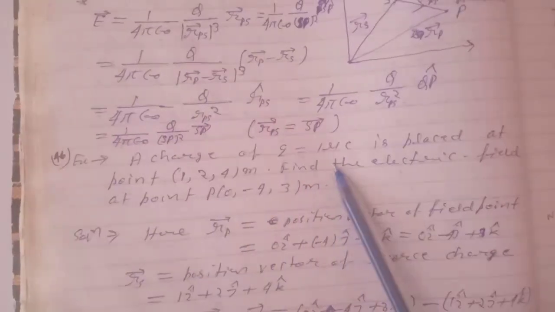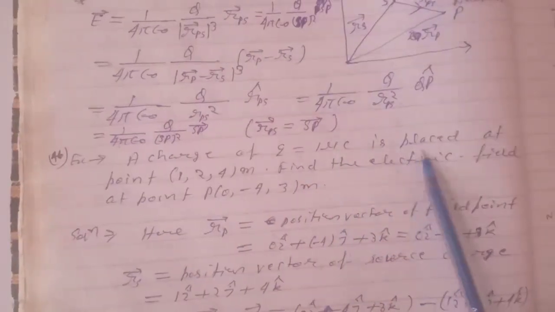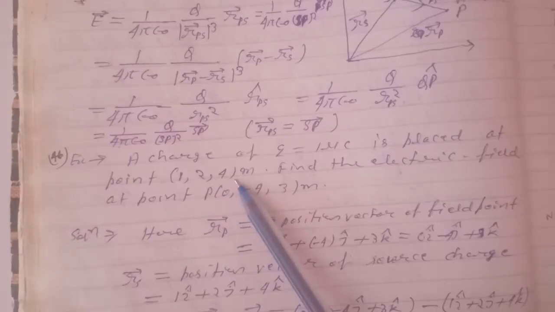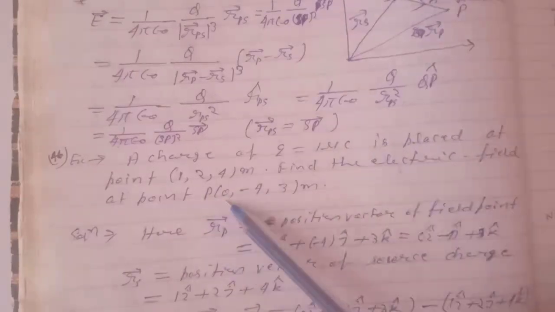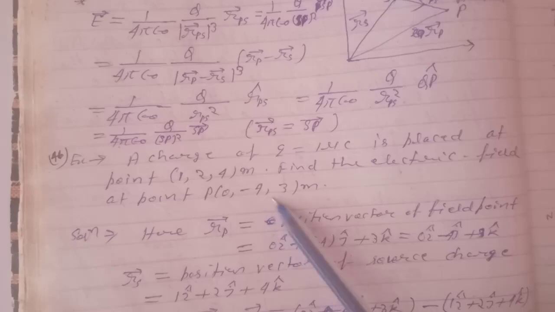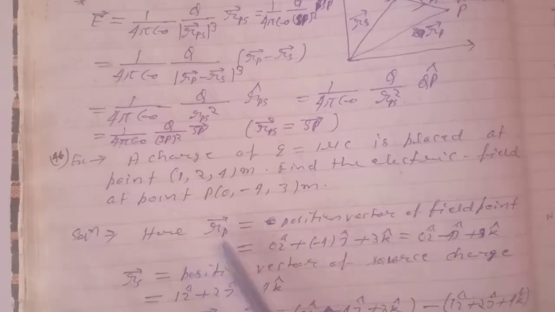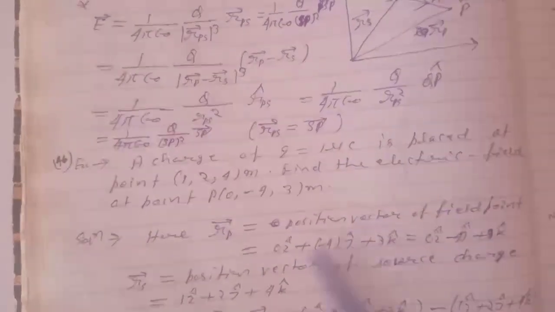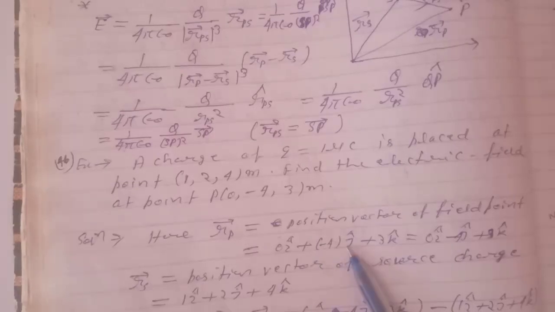Question: a charge of q equal to 1 microcoulomb is placed at point (1, 2, 4). Find the electric field at point P (0, −4, 3). Here, given Rp, we have to find the position. So Rp vector will be the position vector of the field point: 0 î plus −4 ĵ plus 3 k̂.